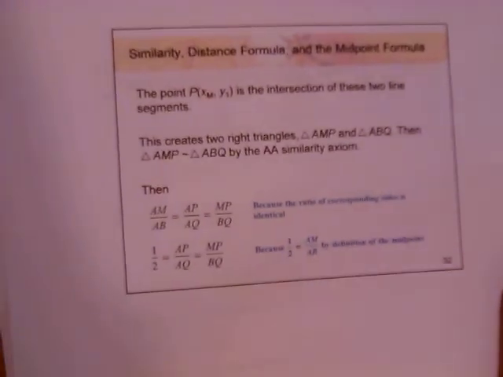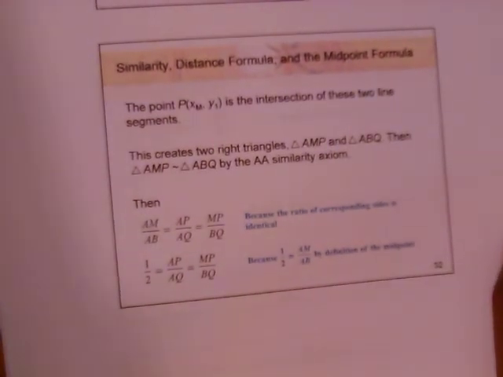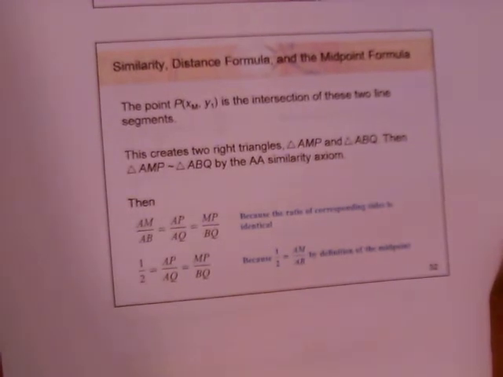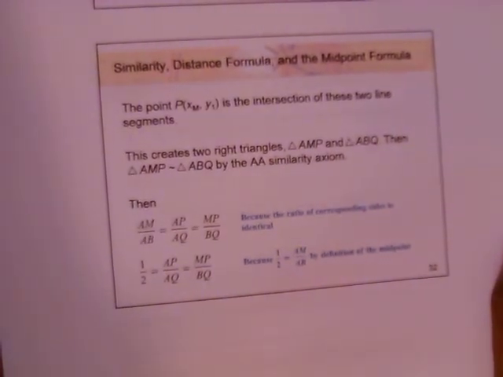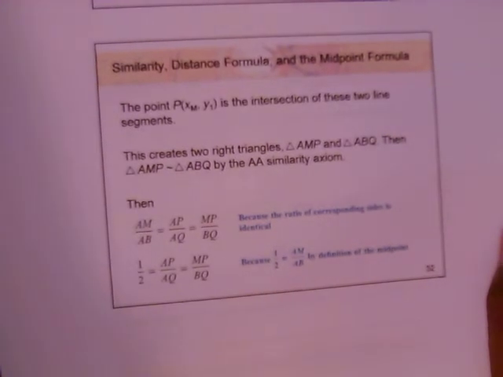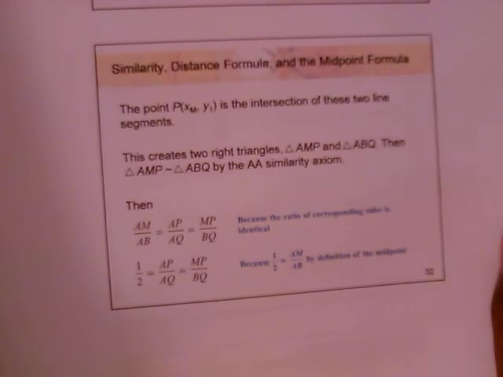So the point P is going to be the intersection of those two line segments here. And that's going to create two right triangles, triangle AMP and triangle ABQ.